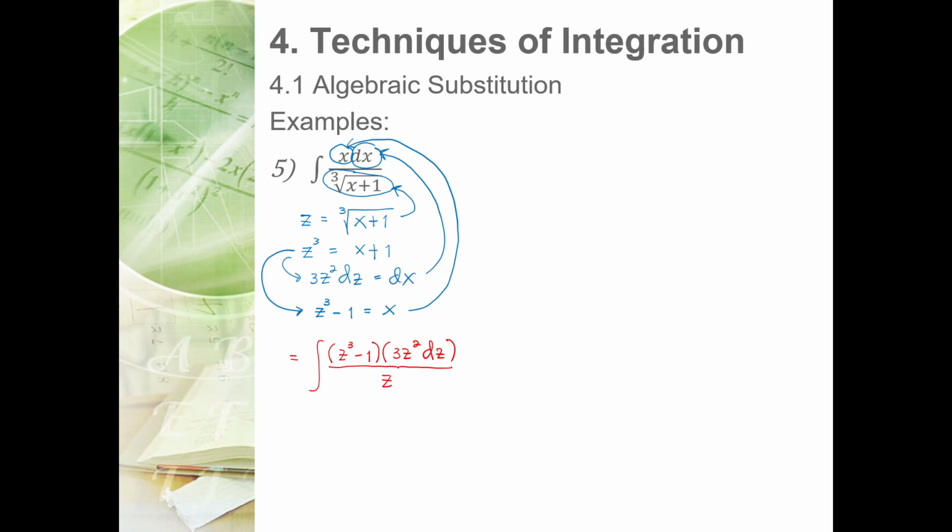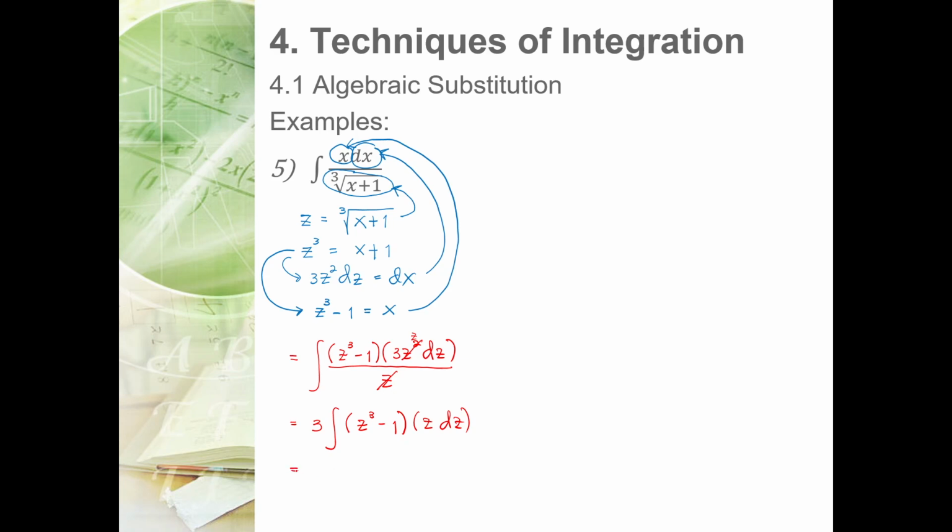Notice that we can cancel one z. So our equation is even simpler. Let's factor out the constant first, 3. So this becomes z cubed minus 1, and then times z dz.